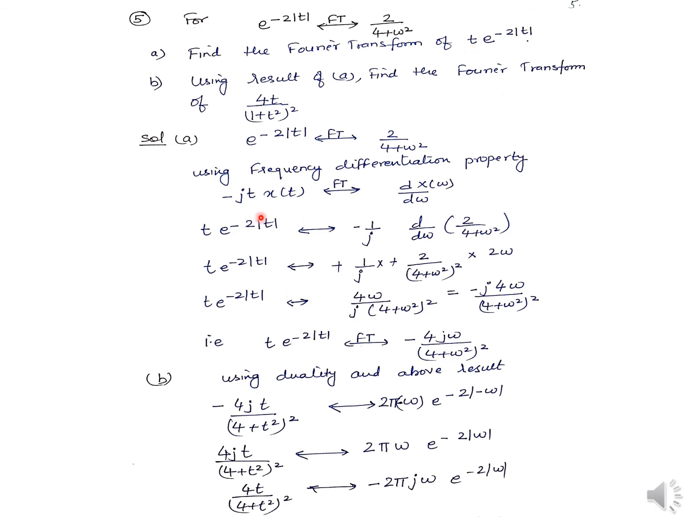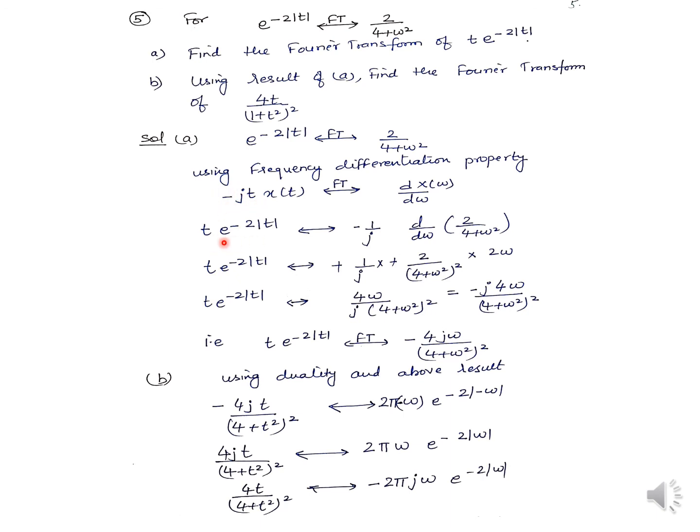The only difference between the time differentiation and this one is that, if you remember, there it was dy dt of x t is equal to j omega X omega. Here, if you differentiate in the frequency domain, it's a multiplication of jt in the time domain with a minus sign.